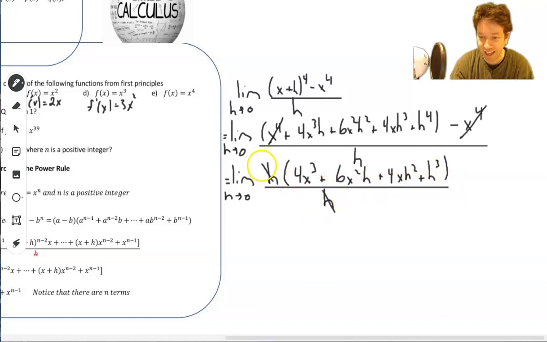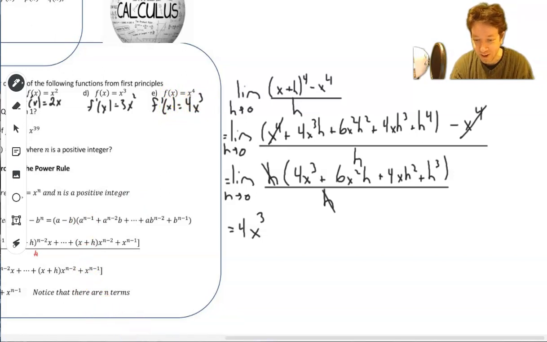So our h's cancel. And as we set h equal to 0, these last three terms are gone, and we are simply left with 4x cubed. So this derivative is going to be 4x cubed.